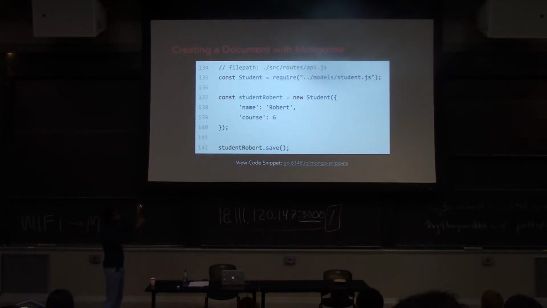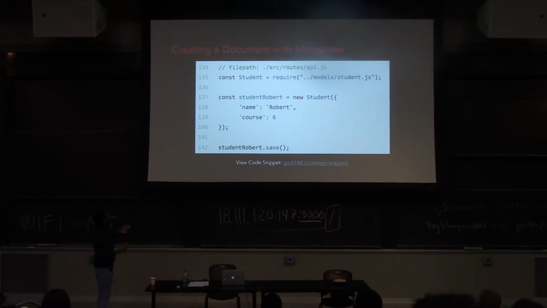If you're requiring the student's model, you have to move from wherever you are, which is inside of routes. You have to exit that file, go into the models directory, and select the student.js. That's what this line here is doing. And the double dot says exit out of this folder, and then go into the models folder and choose student.js.